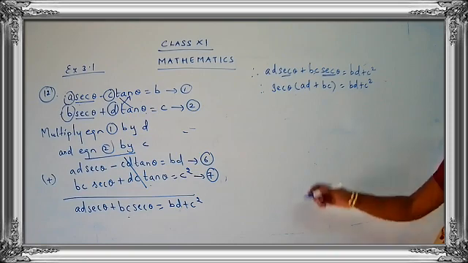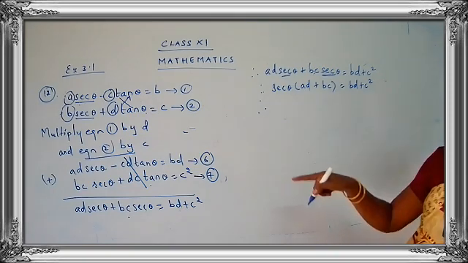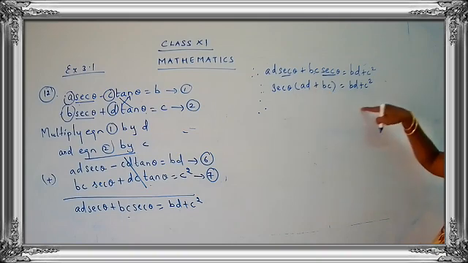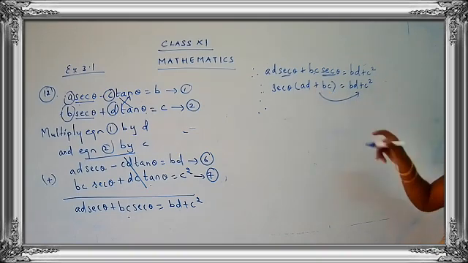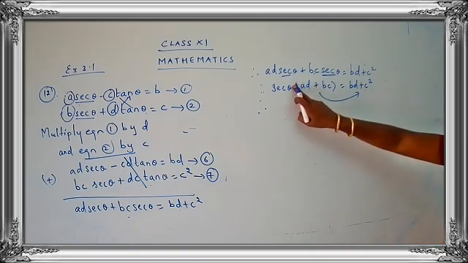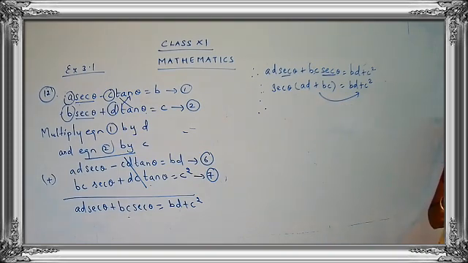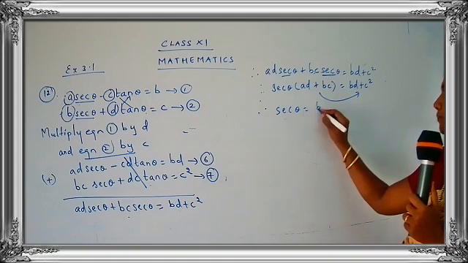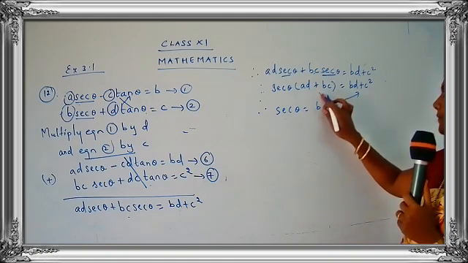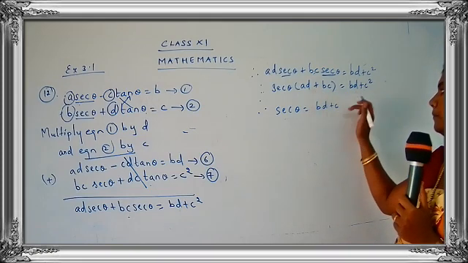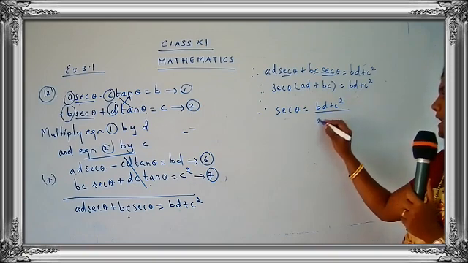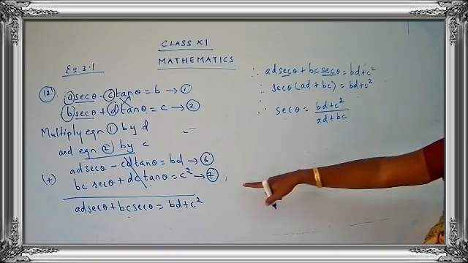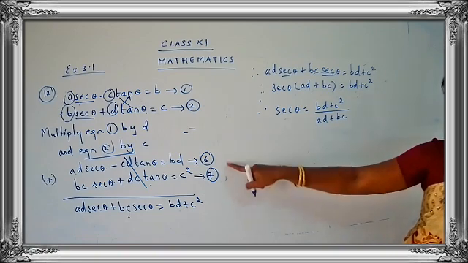Very simple thing. And I want the answer in terms of sec theta. So I'll take this term, AD plus BC, to the RHS. When it goes to this side, multiplication will change into division. You get sec theta is equal to BD plus C square upon AD plus BC. This is what you get when you simplify 6 and 7.